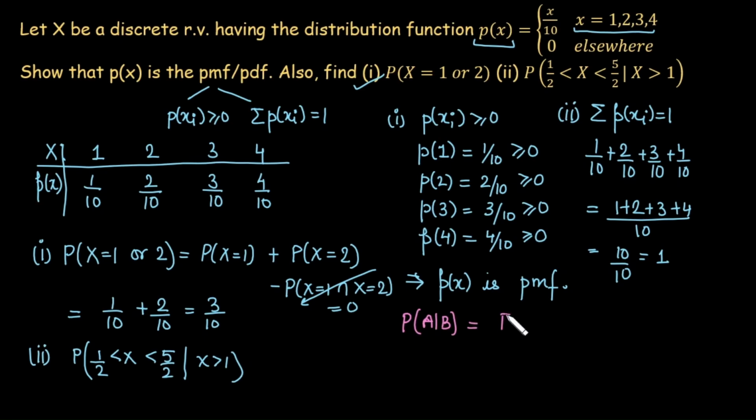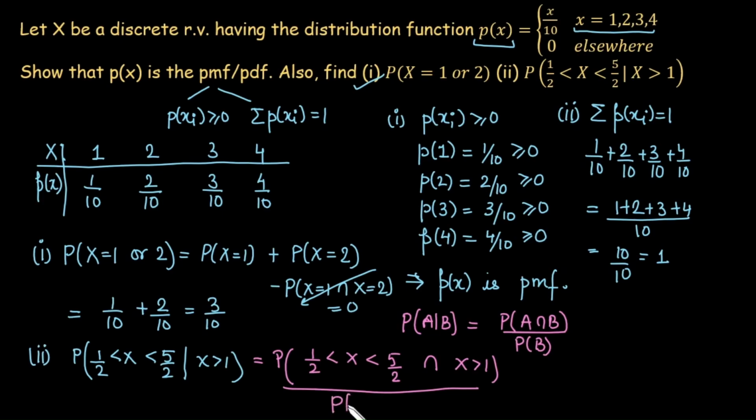This is equal to probability A intersection B divided by probability of the B event. The same concept we need to apply here. That is equal to probability x lies between 1 by 2 to 5 by 2 intersection with x greater than 1 divided by probability when x is greater than 1.